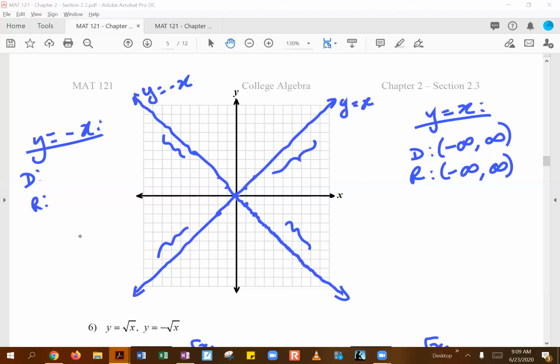So how did our domain and range change when we did the reflection? So for y equals -x, what happens to your domain and range? Would the sign just swap? Okay, not really.